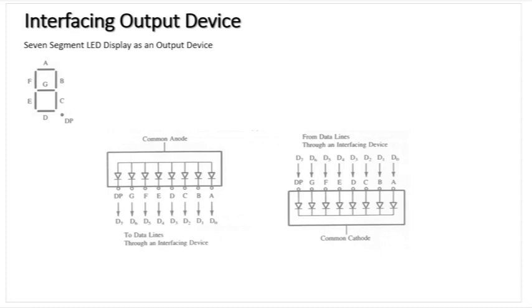You can see here the data lines D0 to D7 can be connected to different segments, either in a common anode configuration or a common cathode configuration.